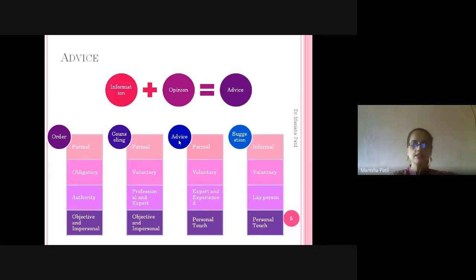Second one is counseling. Now, counseling is again formal, but it is voluntary. It is not compulsory.